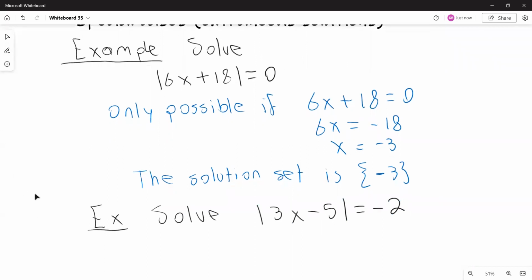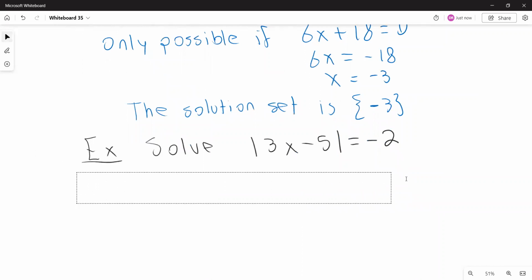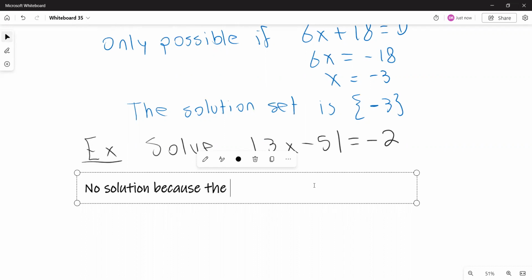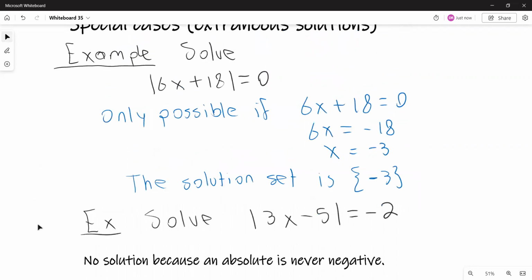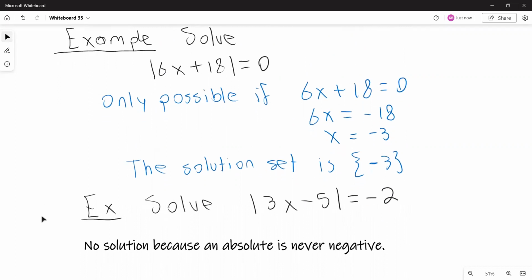This has no solution, because an absolute value is never negative. So an absolute value equation does not necessarily have two solutions. It may have only one solution or no solution.